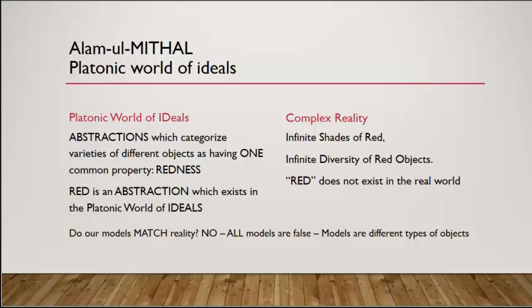Similarly, the idea of family, the idea of relationships, all of these are subjective realities. So basically, models exist in the Platonic world of ideals. They do not exist in the real world.